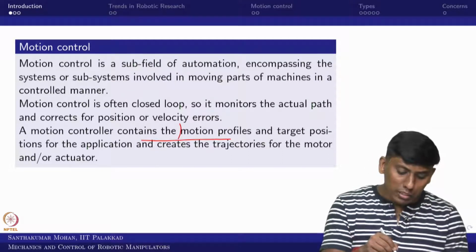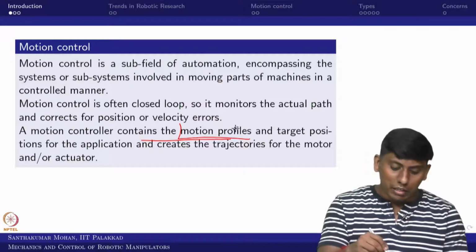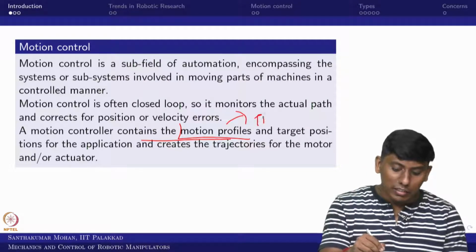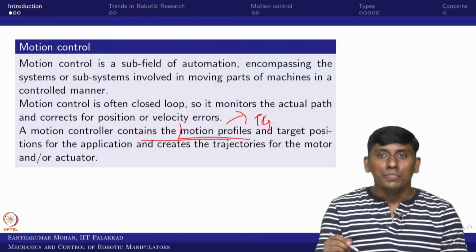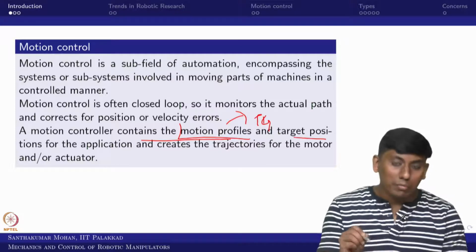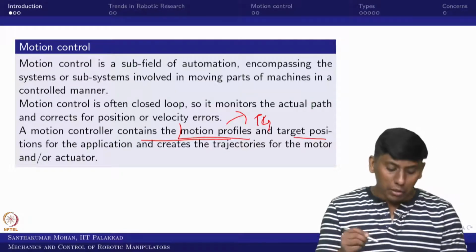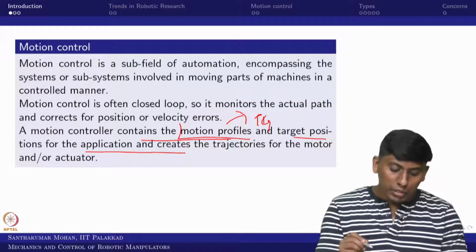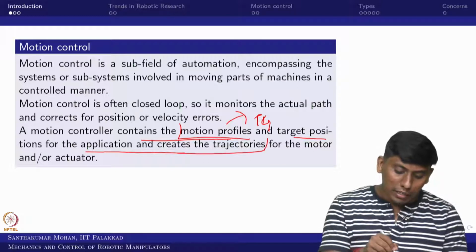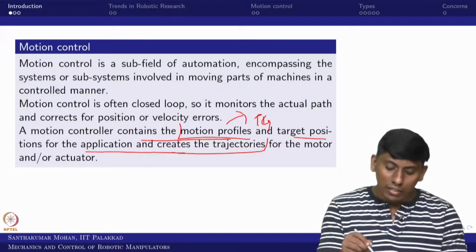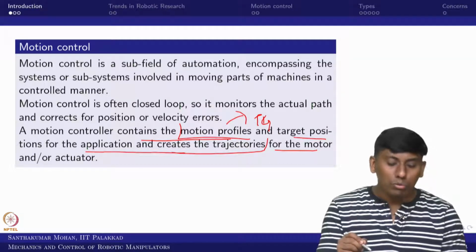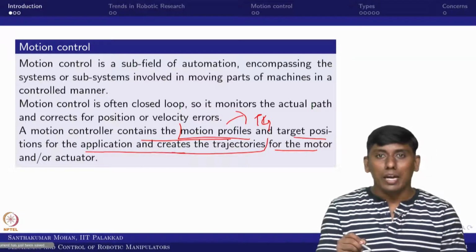One important thing is the motion profile, which we have already seen in trajectory generation, simply TG, and the target position, sometimes called set point control. We have done up to trajectory generation, and now we see how to control the motor or the actuator.